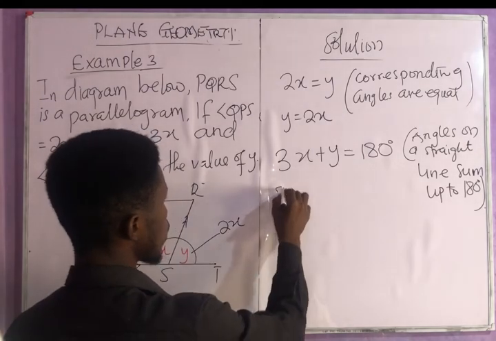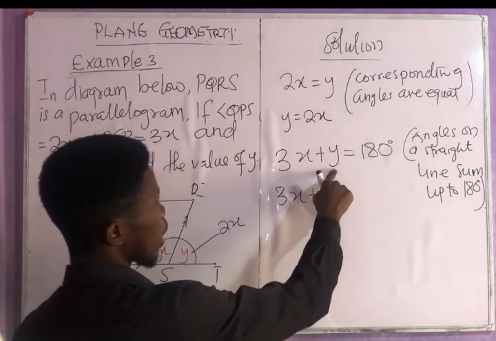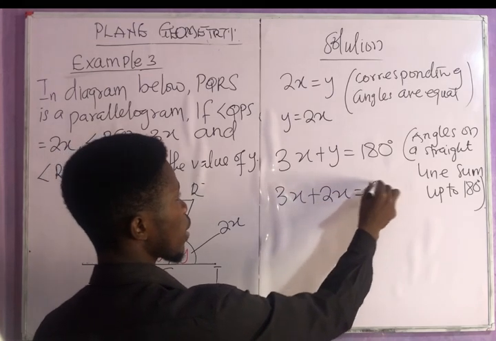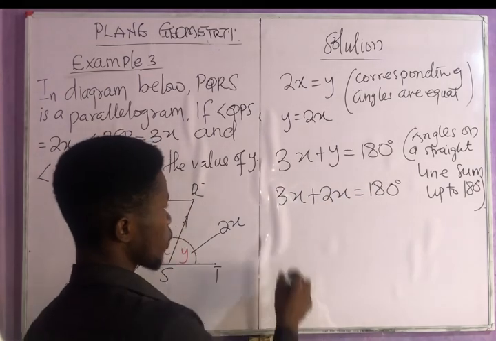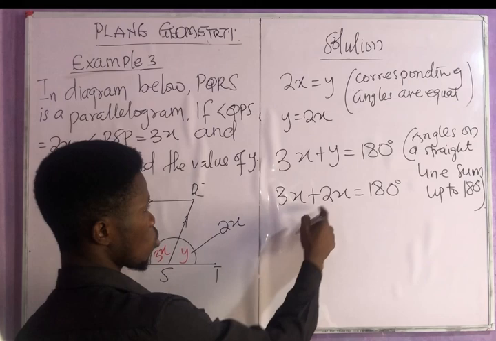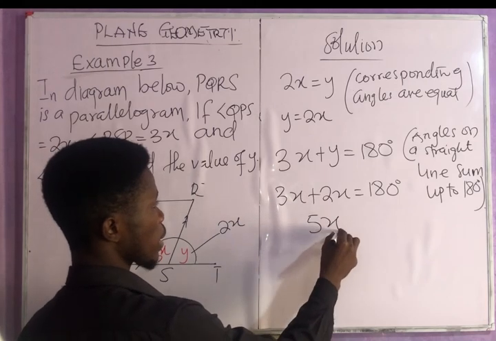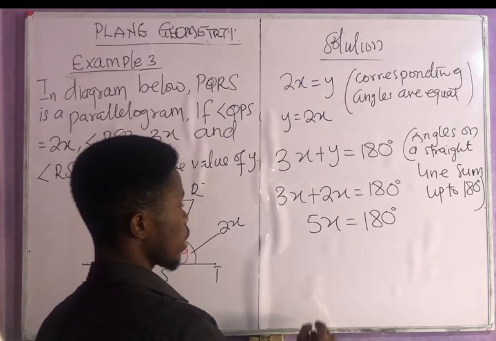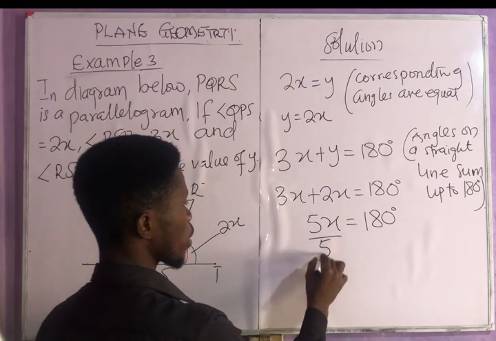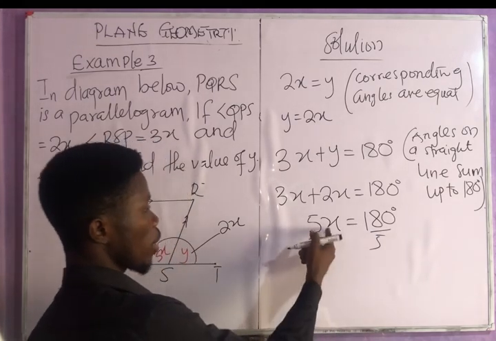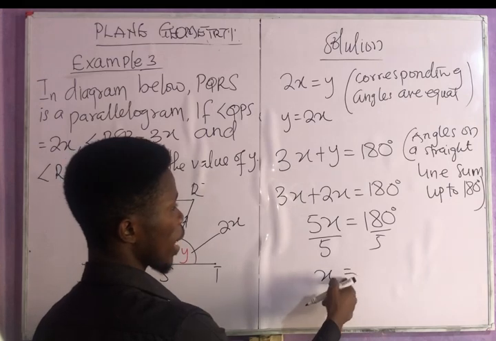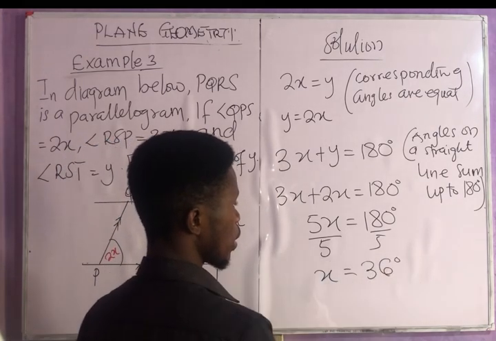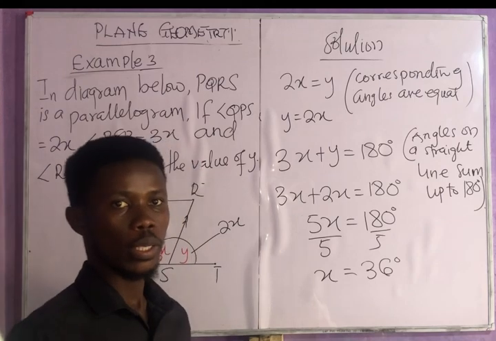Now, 3x plus, now Y is 2x. So 3x plus 2x equals 180 degrees. This gives us 5x equals 180 degrees. Dividing both sides by 5 in order to make x the subject, my x will be 36 degrees.